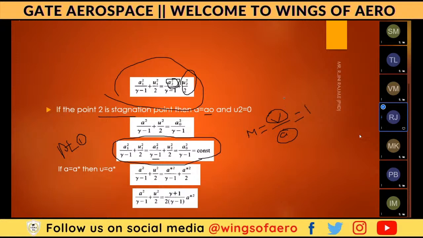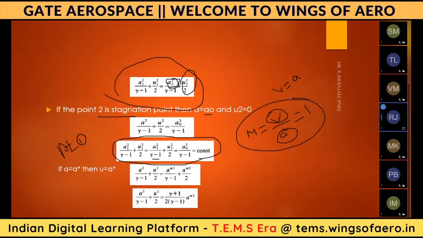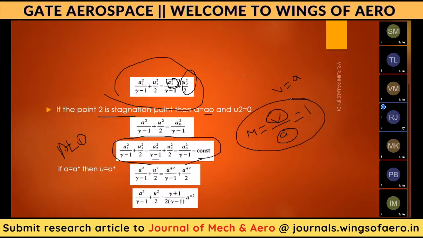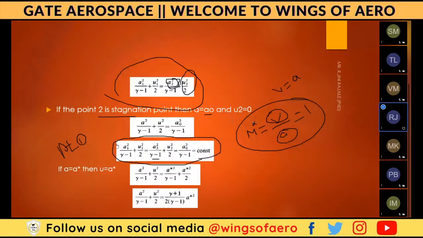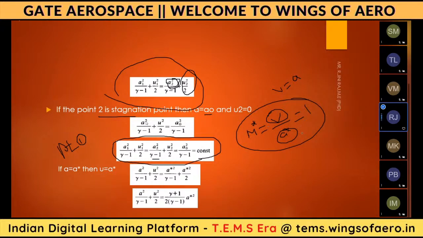So if v equal to a, then Mach number equal to 1. If v equal to a for a sonic value, then we consider that as the characteristic Mach number. I am mentioning that as M star equal to v by a star, that is a equal to a star. So M star equal to v by a star equal to 1.